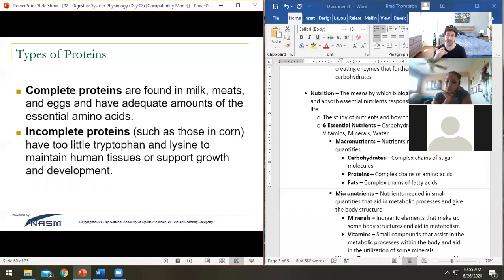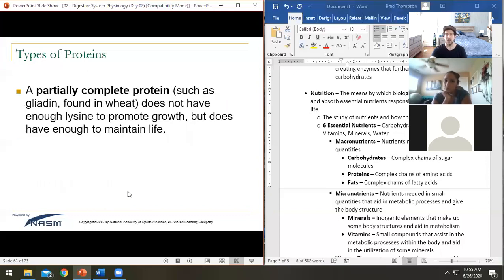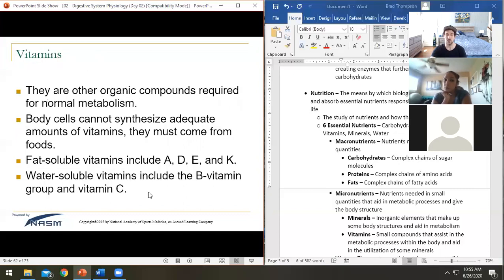So if you were to only eat corn as your entire source of protein, you wouldn't be able to make proteins in your body because you'd be missing an ingredient or two. And that is where the idea of essential amino acids comes in. Essential amino acids are the ones that your body cannot make, so it is essential that you consume them.